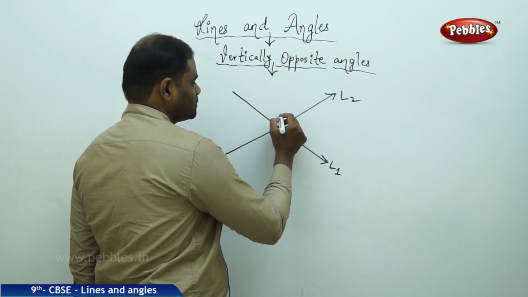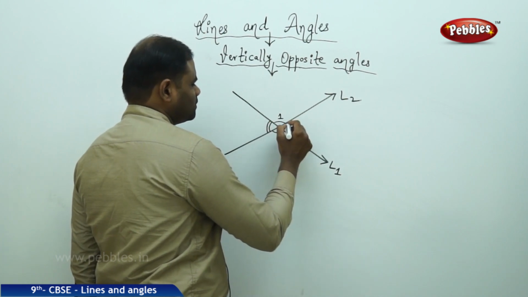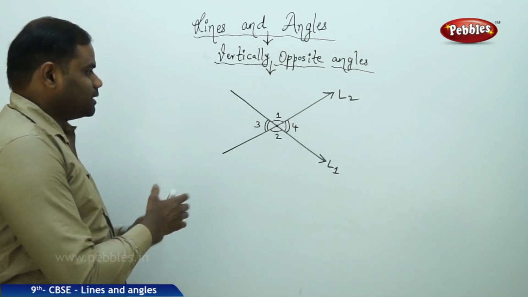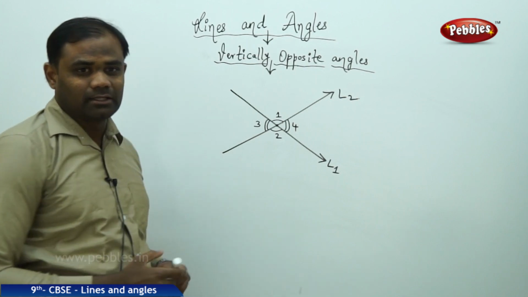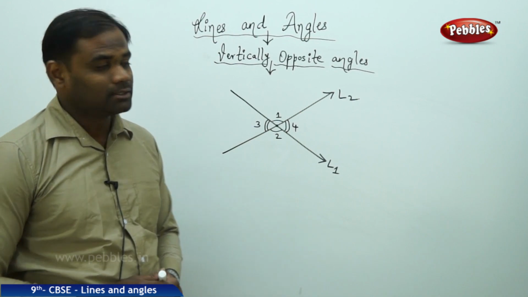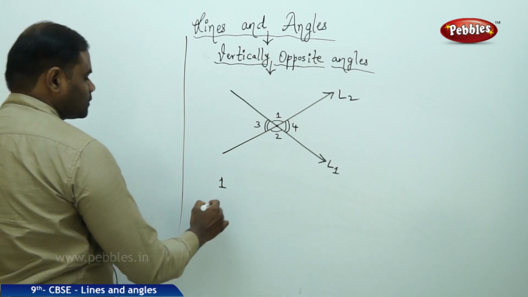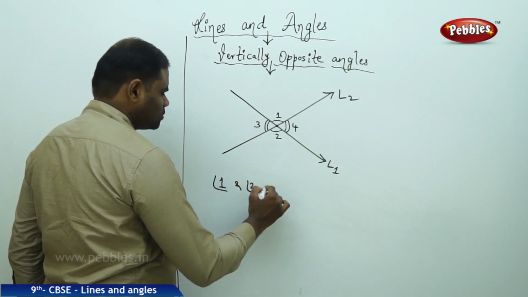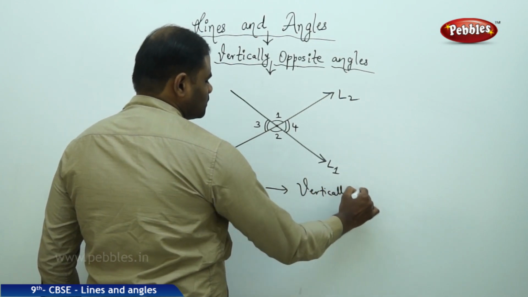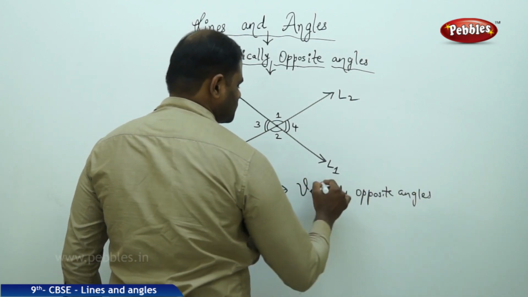As we know, vertically opposite in the sense, there are two angles which are opposite out here, and these two are called vertically opposite angles. Or I take this 1 and 2 and I take here 3 and 4. As can be seen here, 1 and 2, and 3 and 4 are the pairs of vertically opposite angles. So angle 1 and angle 2 are said to be vertically opposite angles.